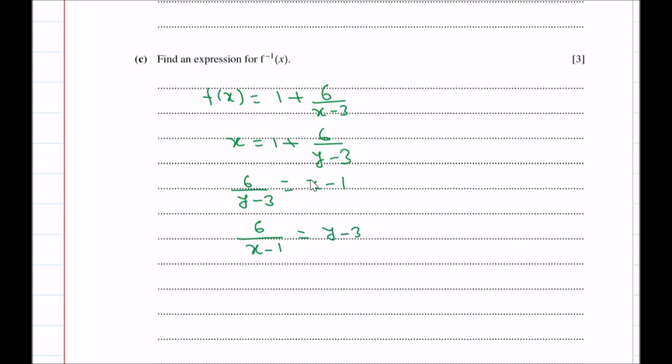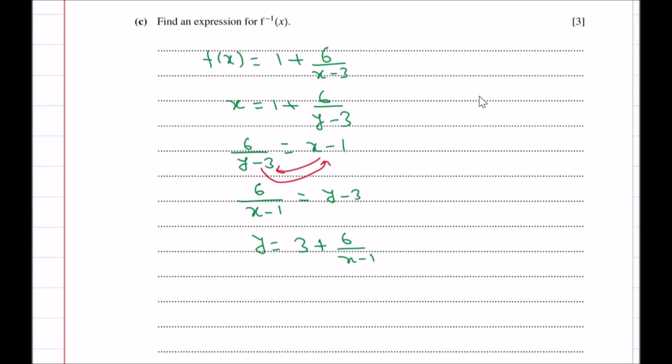What I did, this goes here and this goes here. Okay. Now let us make y the subject. So y equal to, minus 3, this side becomes 3 plus, and what we have, 6 by (x minus 1). That is the answer. So we'll write f inverse x.